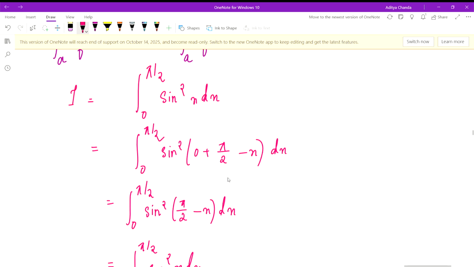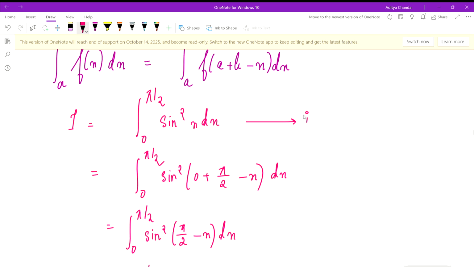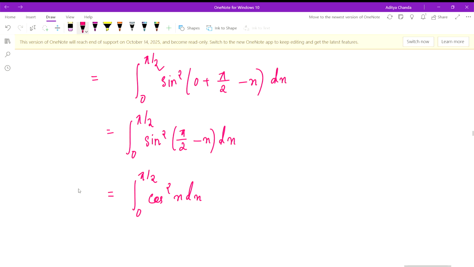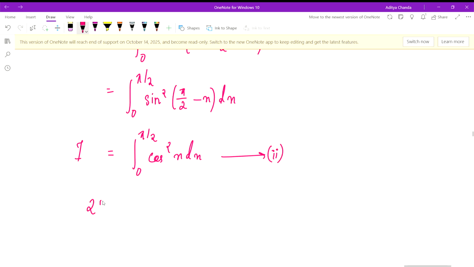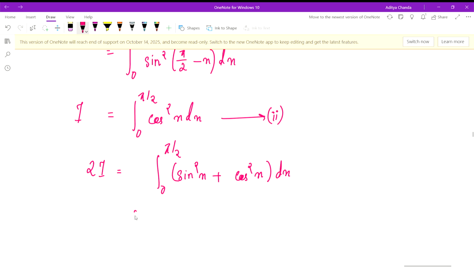Now mark your first step as equation number 1 and your second step as equation number 2. If you add both of them, I plus I gives you 2I. This is the integral from 0 to pi by 2 of sine square x plus cos square x dx.